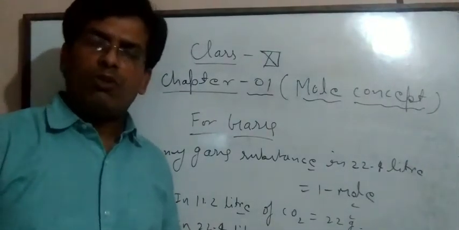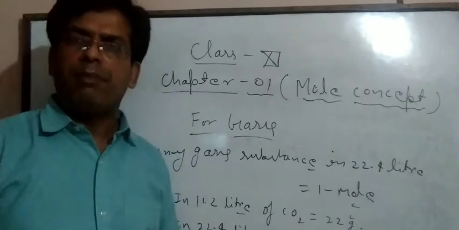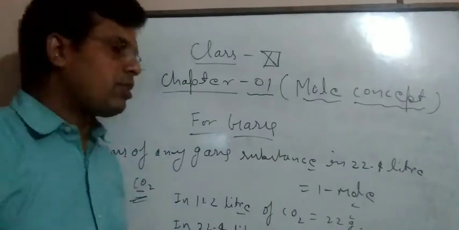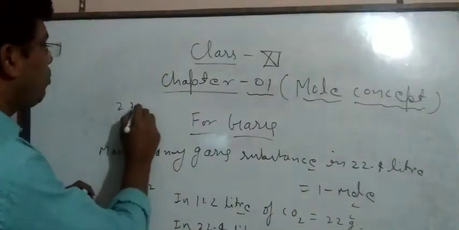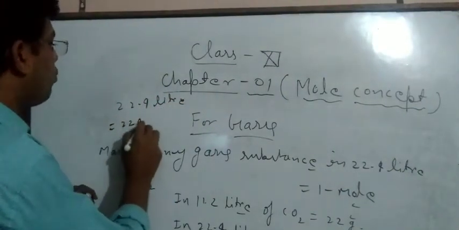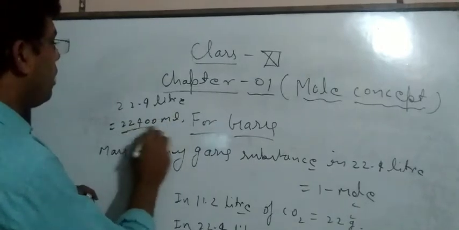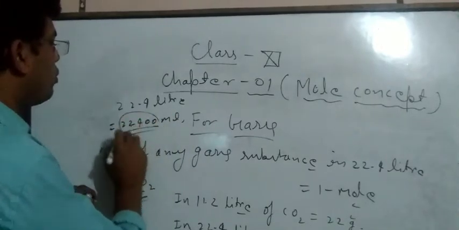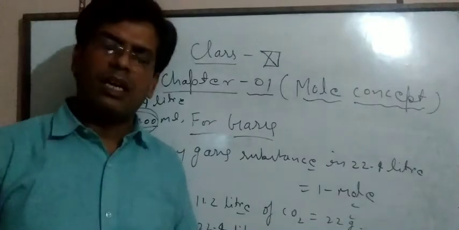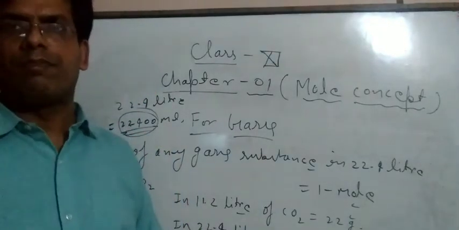Keep in mind that at STP, standard temperature and pressure, the volume of any gaseous substance will be equal to 22.4 liters, or 22400 mL.